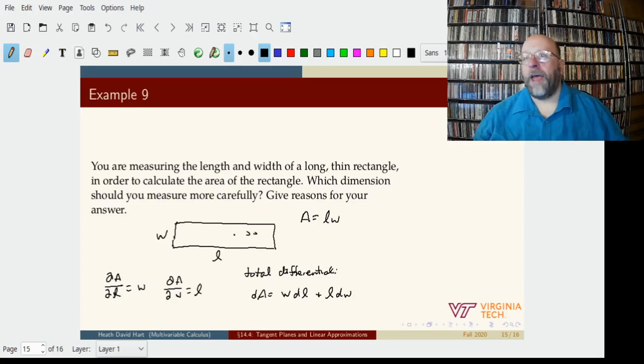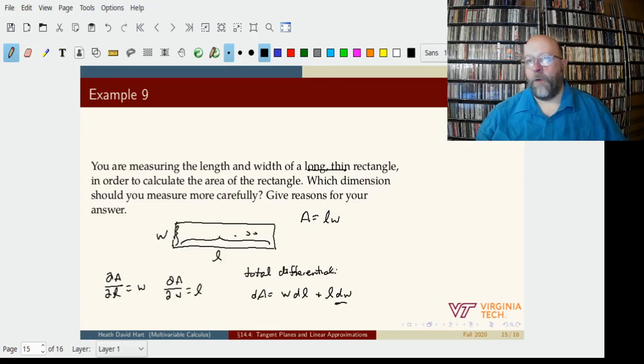So if we are trying to calculate the area and we don't want to have an error in the answer, a small amount of error in the length gets multiplied by W, but a small amount of error in the width gets multiplied by L. And since the rectangle is long and thin, L is going to be big compared to W. So the error in the width will have a more profound change in the area than an error in the length.